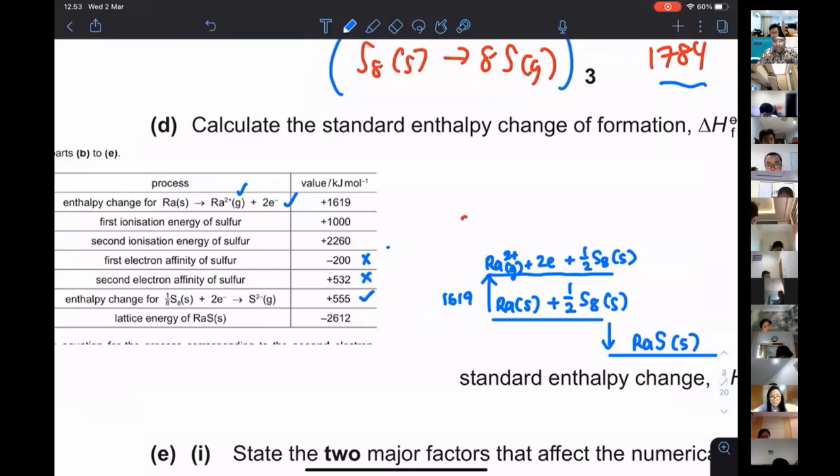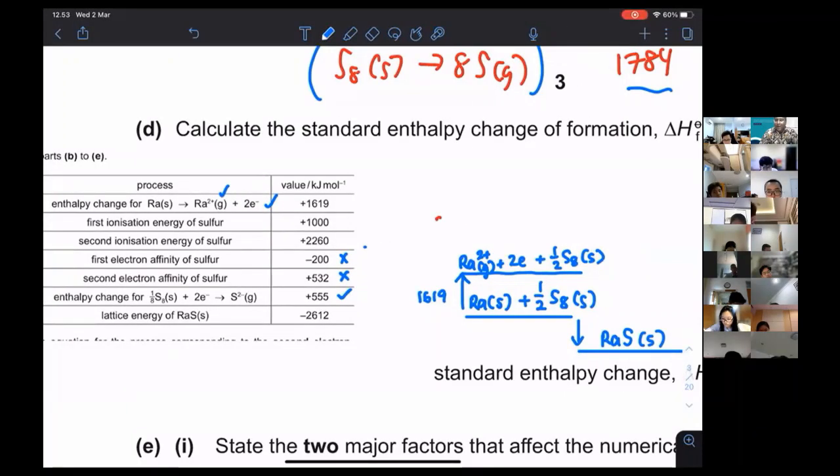So normally we say the first electron affinity is going to be negative, and then the second electron affinity is going to be positive, but you do not even need to show that, because they have combined that over here. So you just need to show it's positive.